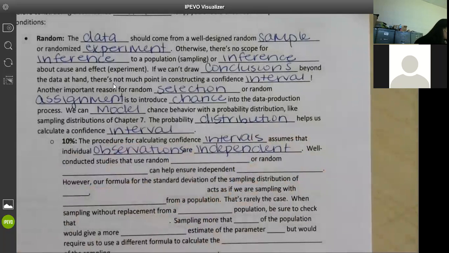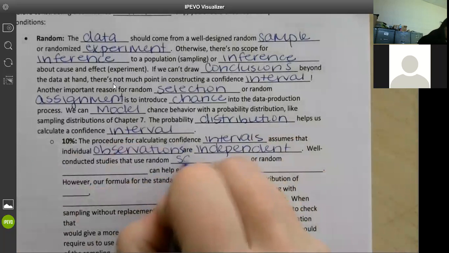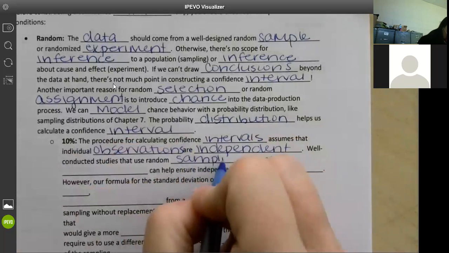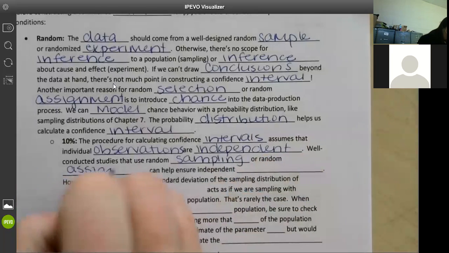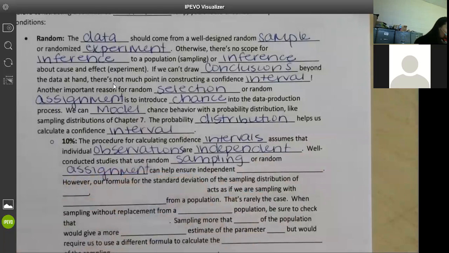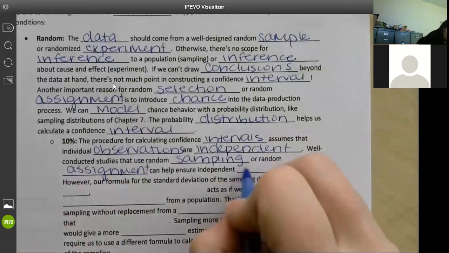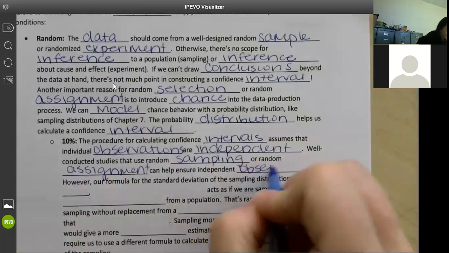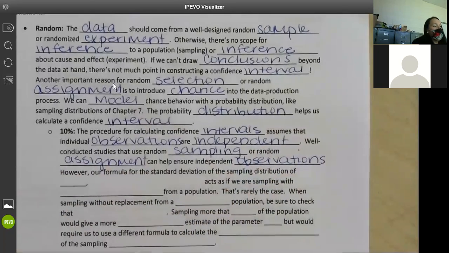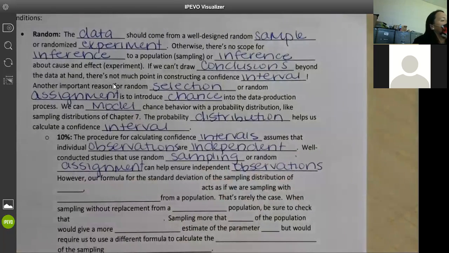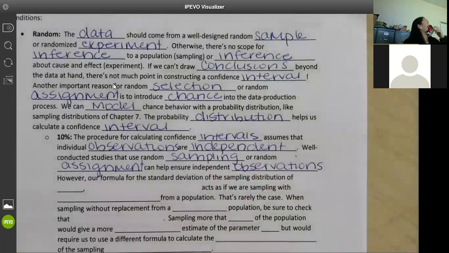Well-conducted studies that use random sampling or random assignment can help ensure independent observations. Like when we were doing binomials, we're not doing those because we're not worried about binary. The first thing we're worried about this time is random, and then we're going to check independence.